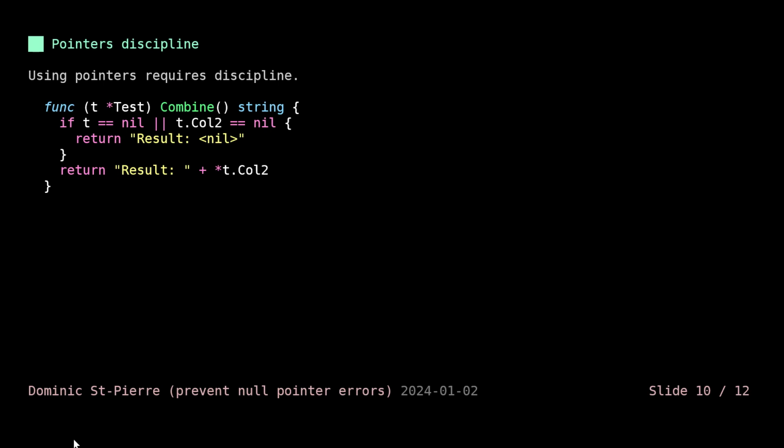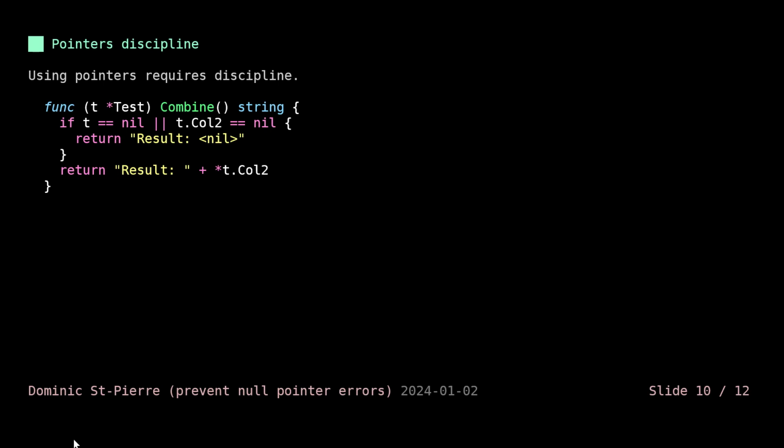Otherwise, you never know when something will be thrown at you that will be nil. It could be, like I said, the structure itself, which would be bad, because if the structure is nil and we are not checking that t is nil, and we call the call to directly on the nil, this is exactly the same as dereferencing this pointer. So it's the same.